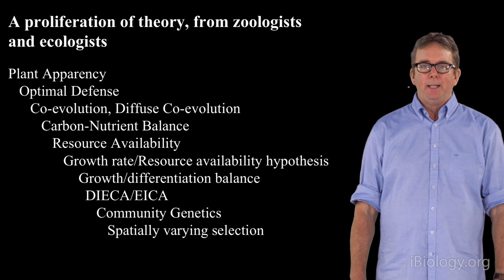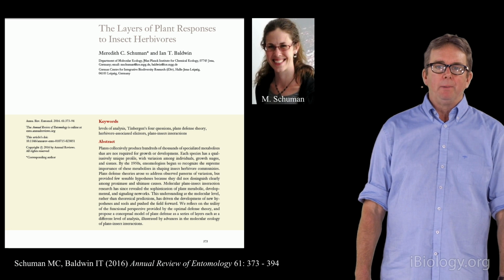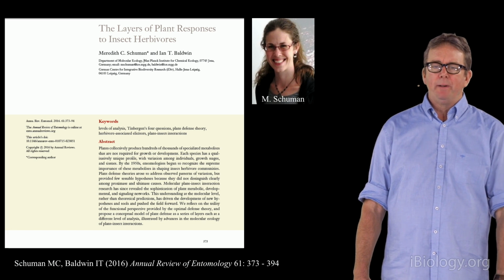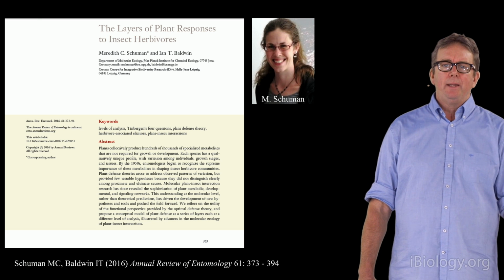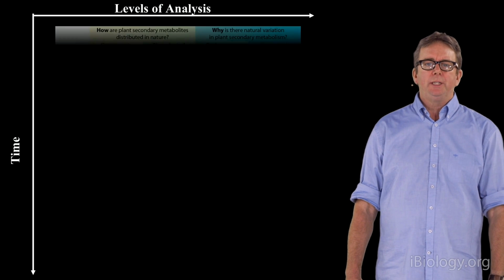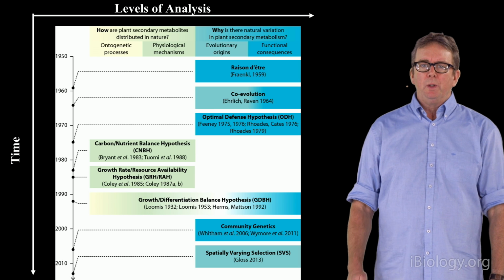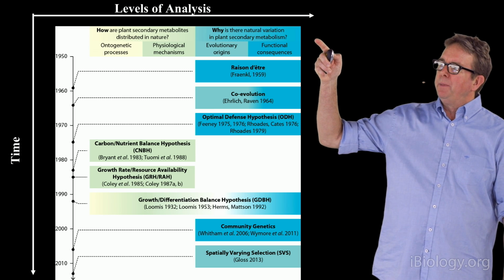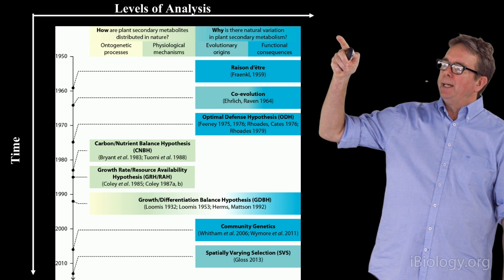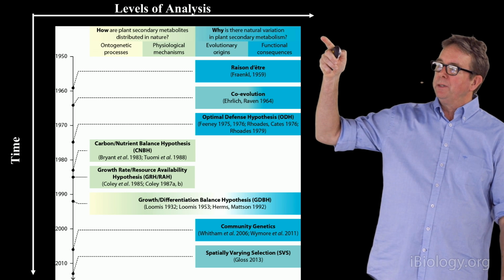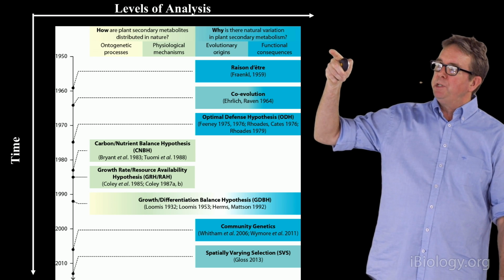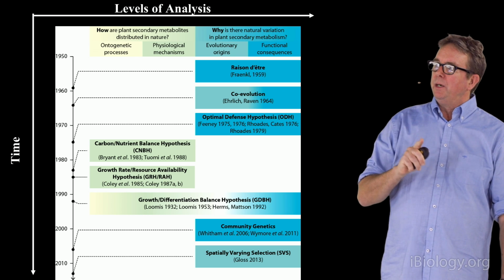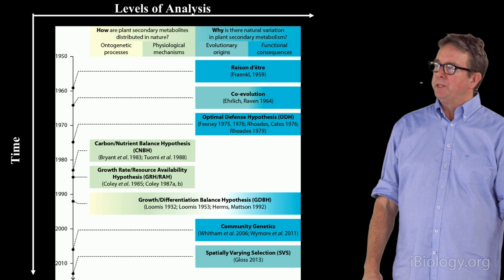But the theory had a bit of a problem, one that we've articulated in a paper that I co-authored with Mary Schumann in the Annual Review of Entomology: the theories were frequently posed at different levels of analysis. So along the x-axis, you can see that hypotheses are normally posed either at the ultimate level of analysis, evolutionary origins or functional consequences, or at the mechanistic level of analysis, ontogenetic processes and physiological mechanisms.